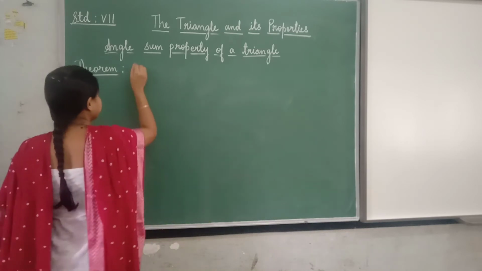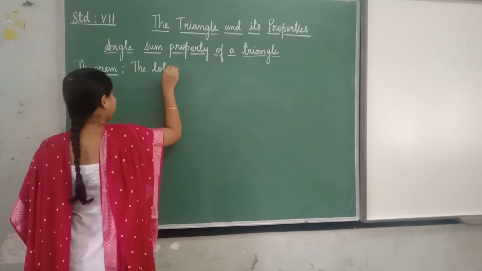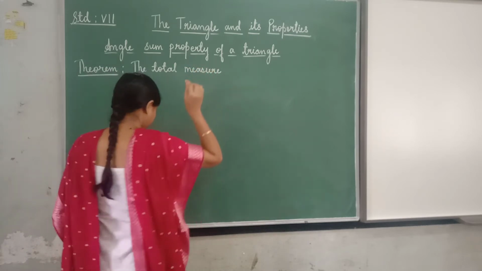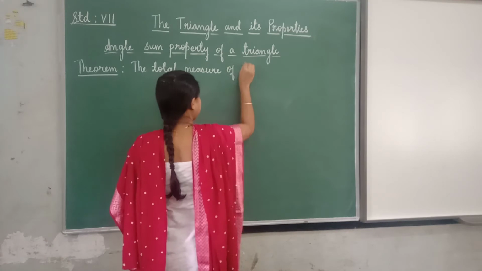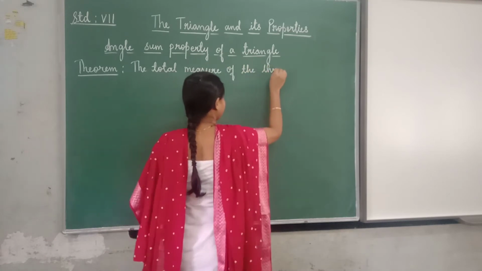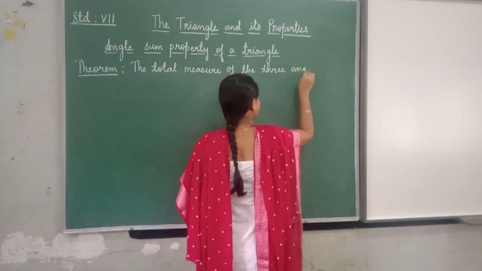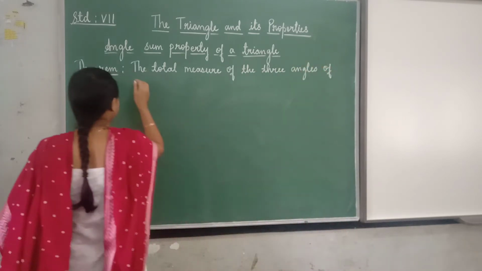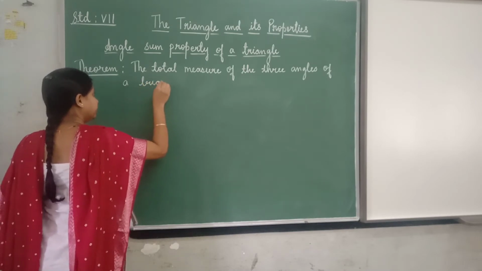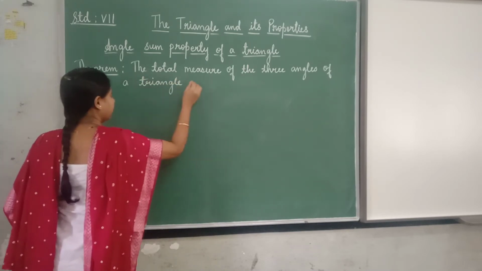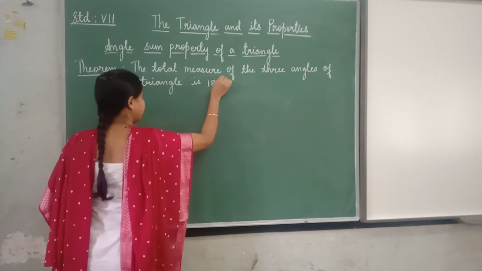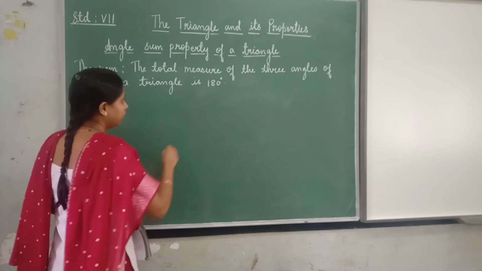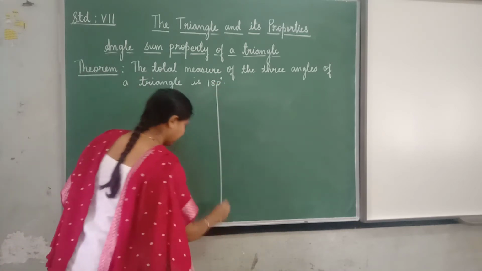The statement is: the total measure of the 3 angles of a triangle is 180 degrees. We know that the sum of angles in a triangle is 180 degrees. But we have to prove it now.